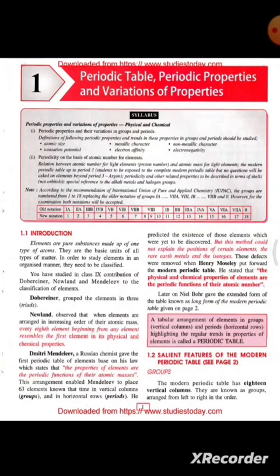The same way, if all the elements are not categorized, just in nature this many, 120 elements are found, it is very difficult to remember their category, their characteristics and how they behave. But if we categorize them according to their behavior and properties, then easily we can remember the elements and their characters.